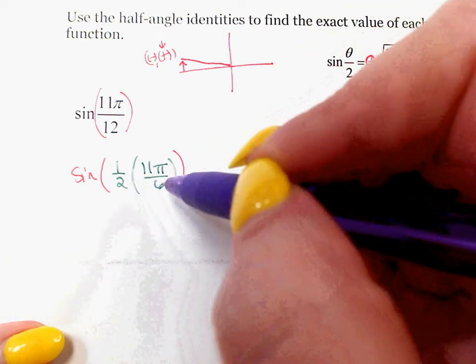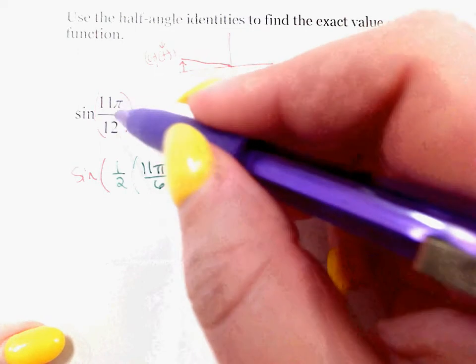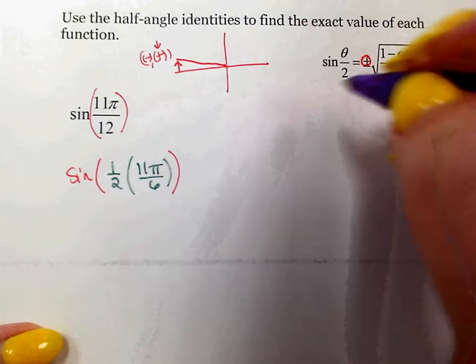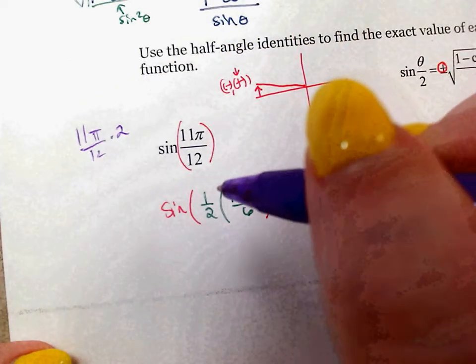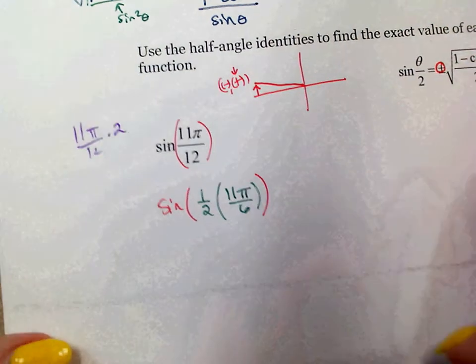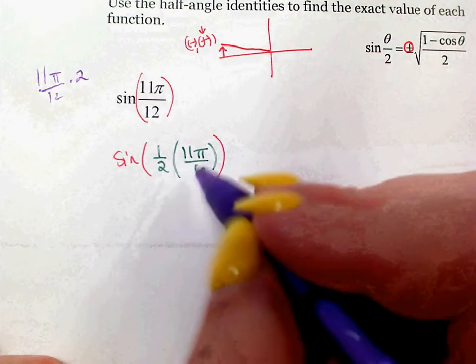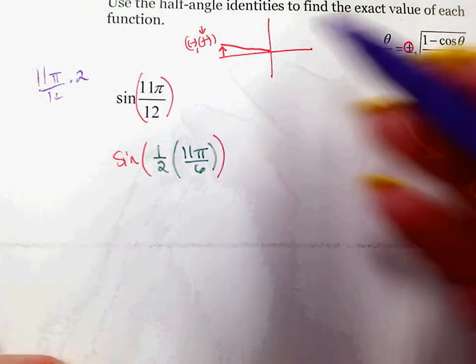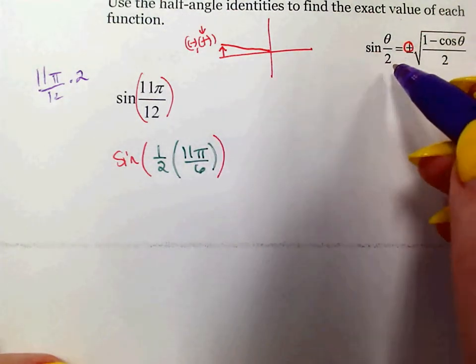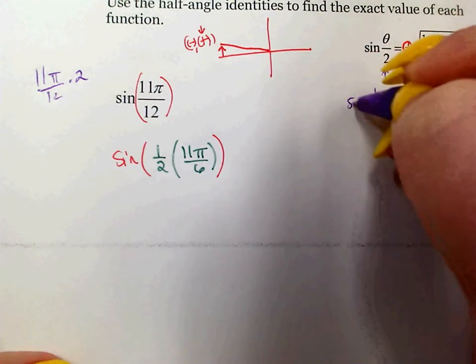In essence, you can just multiply this by 2. So if you take 11 pi over 12, your angle, whatever it is, multiply it by 2, then that's the angle that if you cut in half you get it. So 1/2 times this is the same thing as saying an angle divided by 2, which is the same thing as saying 1/2 of theta. Cool? So the point is that now I know what theta is.